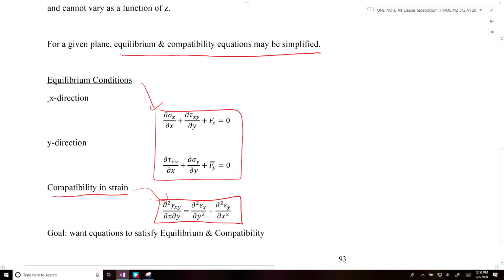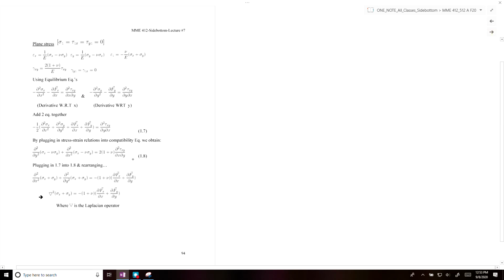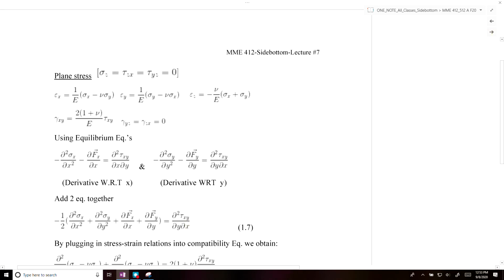We're going to try to simplify for both of these cases, plane stress and plane strain. We're going to combine these sets of three equations into a single equation that can determine whether or not our state of stress will satisfy our equilibrium and compatibility equations.